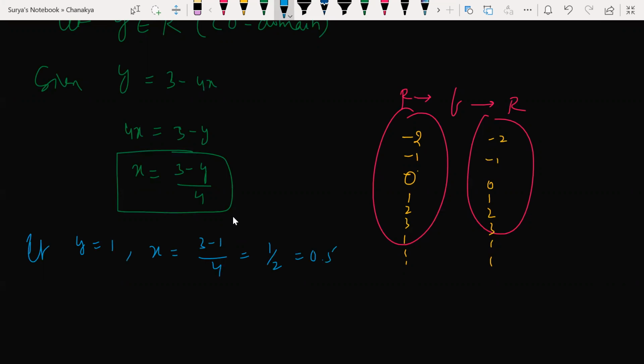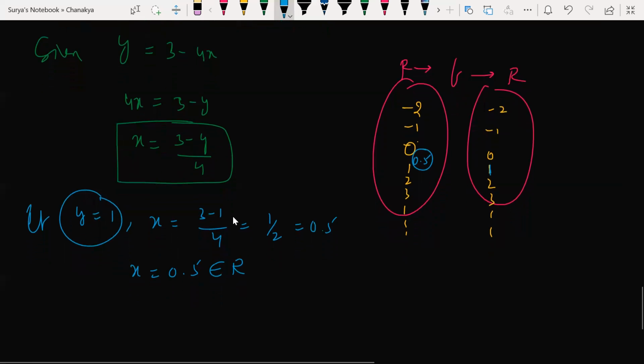The x value I got is 0.5, which also belongs to the real number family. If I take the y value 1, I'm getting the x value 0.5, which is somewhere here, 1 by 2. I'm getting x as 0.5, which also belongs to the real number family.